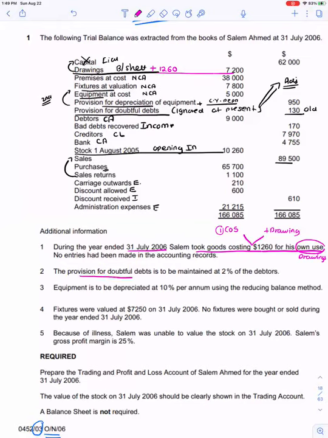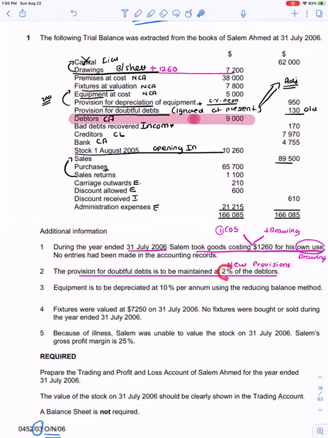Provision for doubtful debts is to be maintained at 2% of debtors. Now remember, this is your new provision. Before making your new provision, always subtract the new bad debts from your trade receivables. Where are your trade receivables? I see over here. What is the new provision made on?